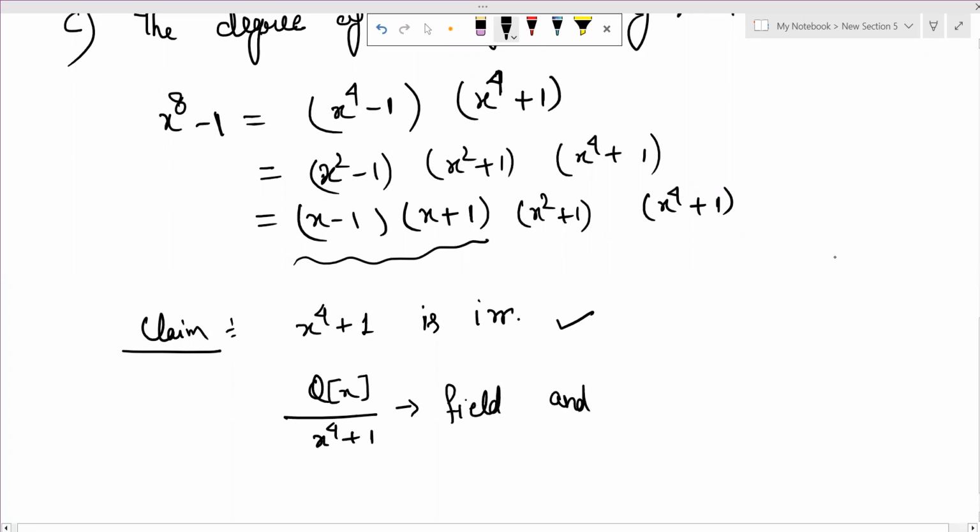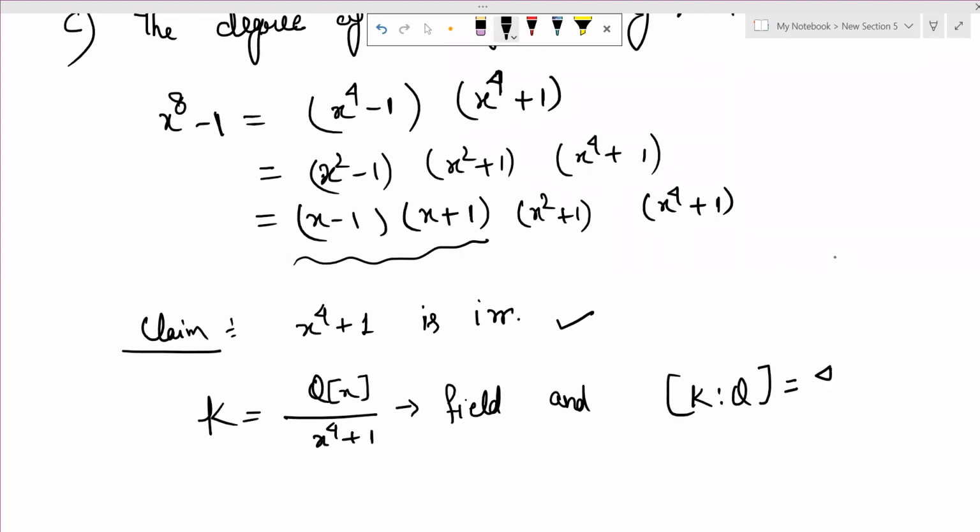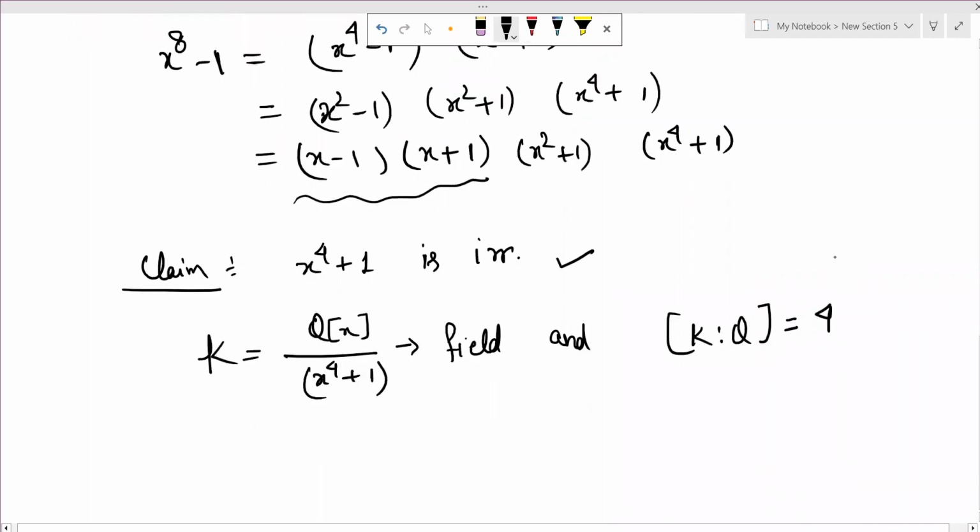Suppose we name this K, and K over Q is a degree 4 extension, right? Since this is a 4-degree minimal irreducible polynomial, this is a 4-degree extension.